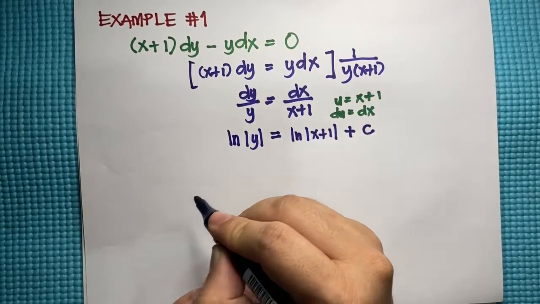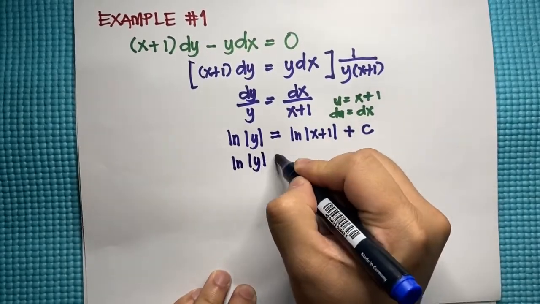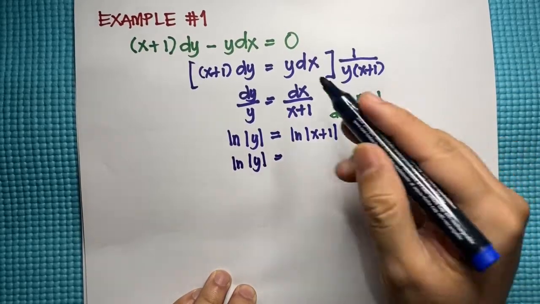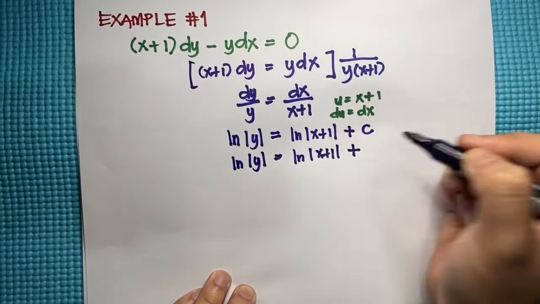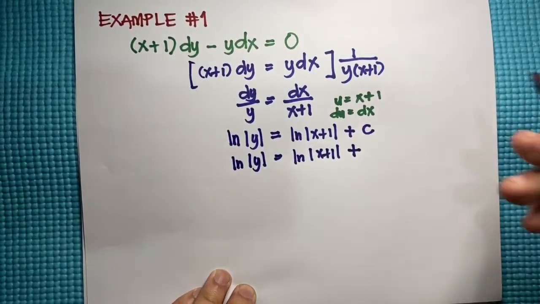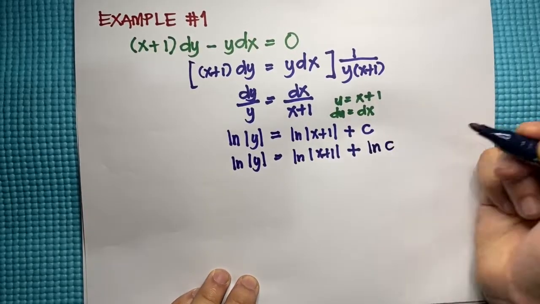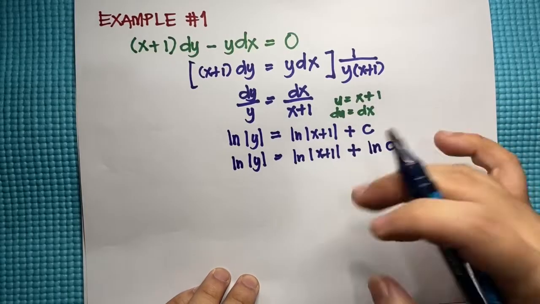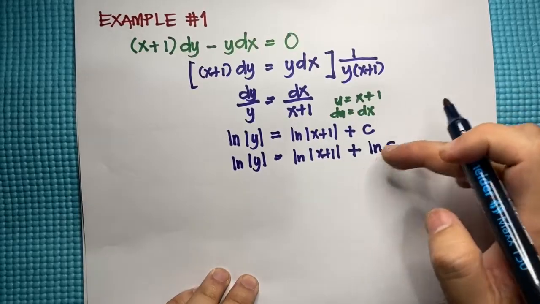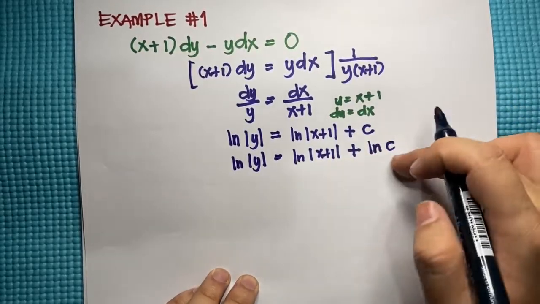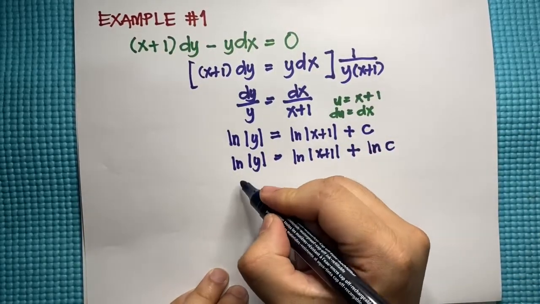Here c is an arbitrary constant, and appending ln on our constant would still give a constant: ln c is still a constant c. So we do this for us to combine using the properties of logarithm.